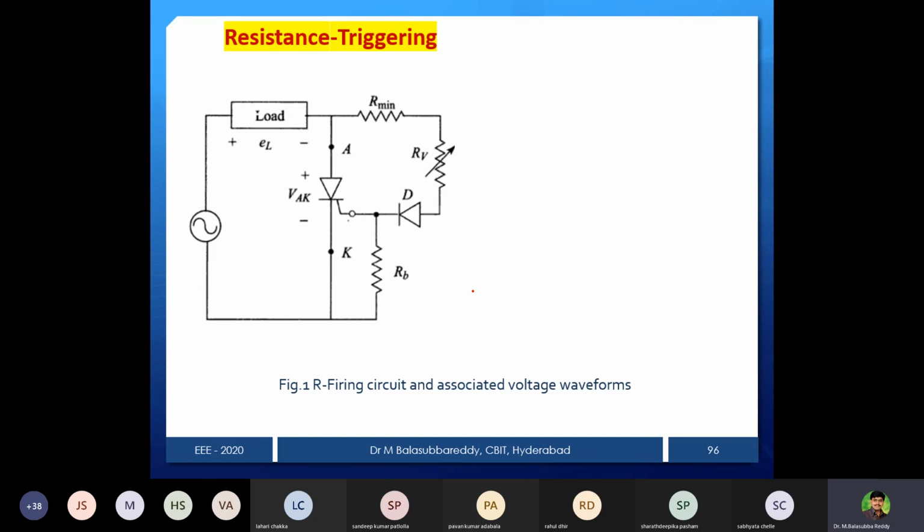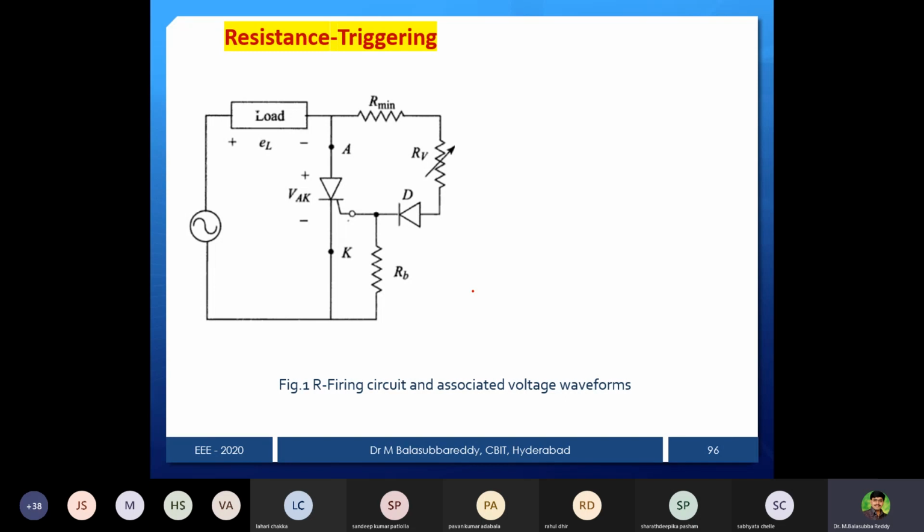Whatever instant you want, for that particular instant you have to give the firing pulses or current through the gate terminal. For that, a variable knob is required to change the alpha value. I want some instant 30, maybe 40 or 50 or 60, anything. So a provision needs to be provided to change alpha.